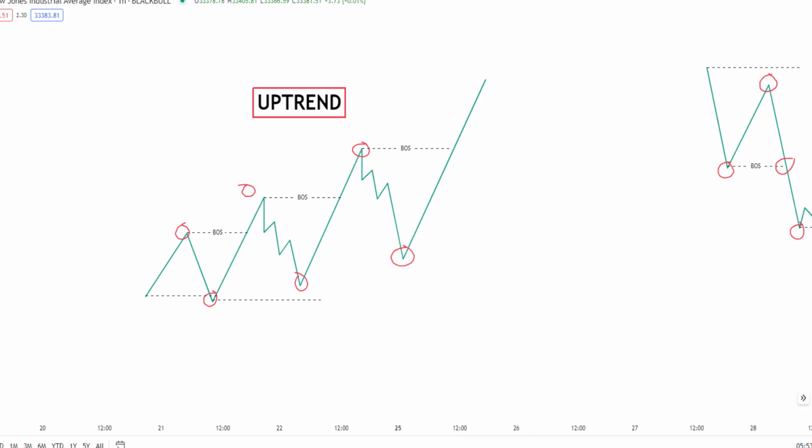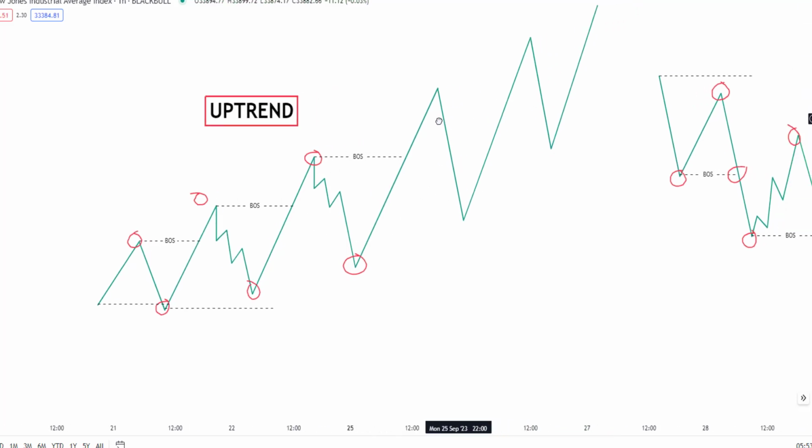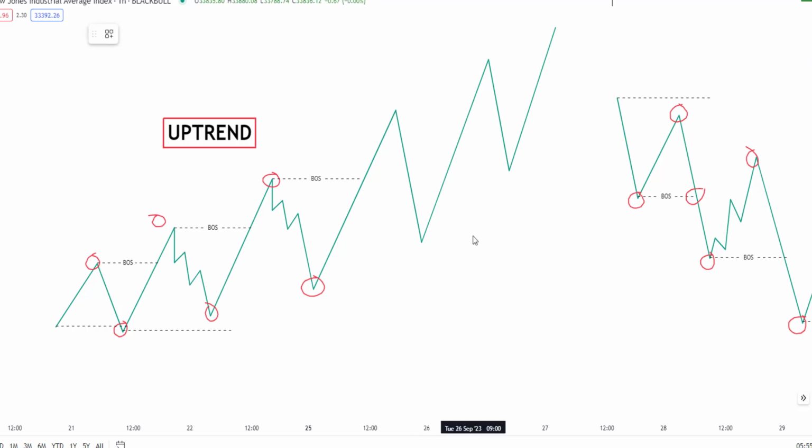At any point, if price keeps creating a higher low, higher high, higher low, higher high, we can call this a proper uptrend with enough momentum and energy, because as far as we have price pushing up to that level, having a breakout of structure, this is an active uptrend.